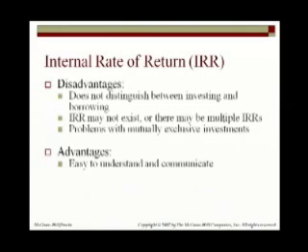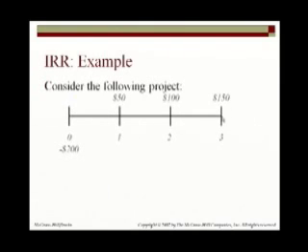Now, probably the best example of internal rate of return that we have encountered so far, aside from the rate of return on a loan or something like that, is the yield to maturity on a bond. The yield to maturity on a bond, that is the discount rate that makes the price of the bond equal to the present value of its future cash flows. That yield to maturity is an internal rate of return. Here's a very simple example. We have a project. We invest $200 at time 0.